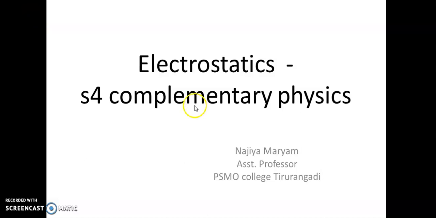Here we discuss the next topic on electrostatics, the electric field. So consider two charges, Q1 and Q2, separated by a distance R. So we know that there is an electric force of interaction between these charges Q1 and Q2.